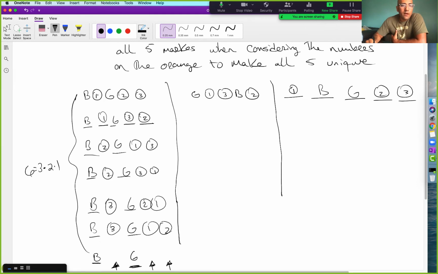So here I put my blue marker in spot number 1 and the green one in spot number 3. Or maybe I put my green marker in spot number 1 and my blue one in spot number 4, right? Or maybe I put my blue one in spot number 2 and the green one in spot number 3.